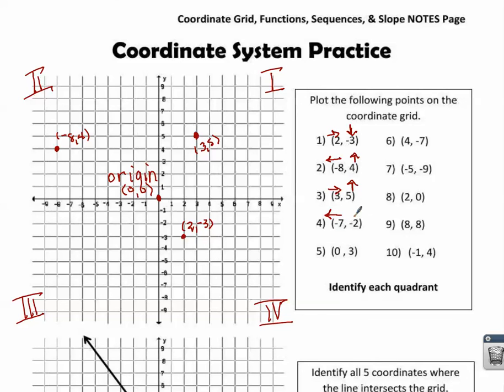So I'm going to go left 7. My y is my negative 2. It's my second value. So I'm going to go left 7, down 2. Label. And finally, number 5. 0 on the x-axis means I'm going to go neither right or left. I'm walking 0 units, and then I'm going to fly 3 units.